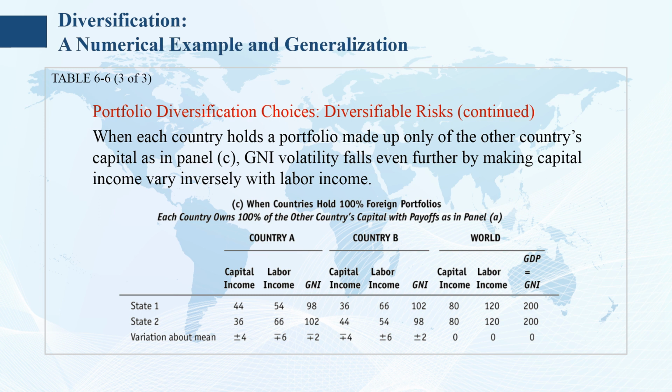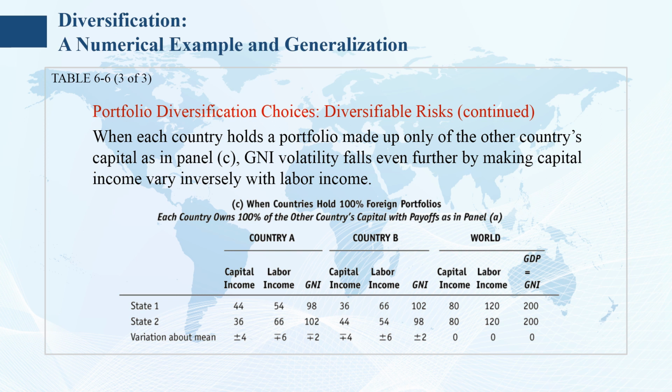Using our national accounting definitions, we know that in each economy, income, GNI, and output, GDP, are not equal. In both A and B, GNI and hence consumption flips randomly between 98 and 102 in both countries.